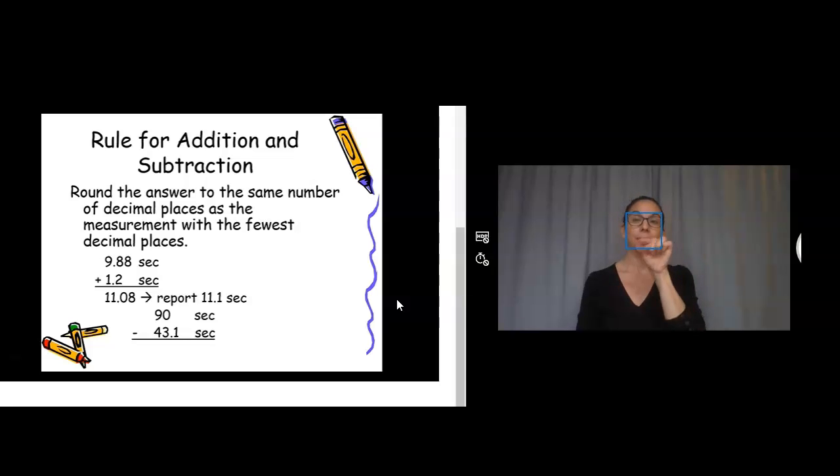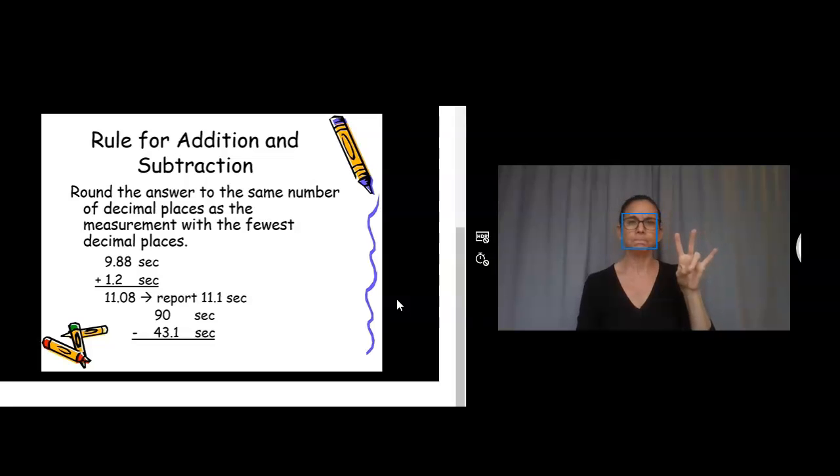So in this case, I go back, I look at the measurement with the fewest number of decimal places, and it's obviously the 90, but here's the other issue with the 90. The 90 has an insignificant 0 in the ones place, so it actually doesn't even have that digit there. It actually starts at the tens place, and that's what I need to round to. And this one's a little bit uncomfortable because you might look at your 46.9 and think, oh, I'll round that to 47.